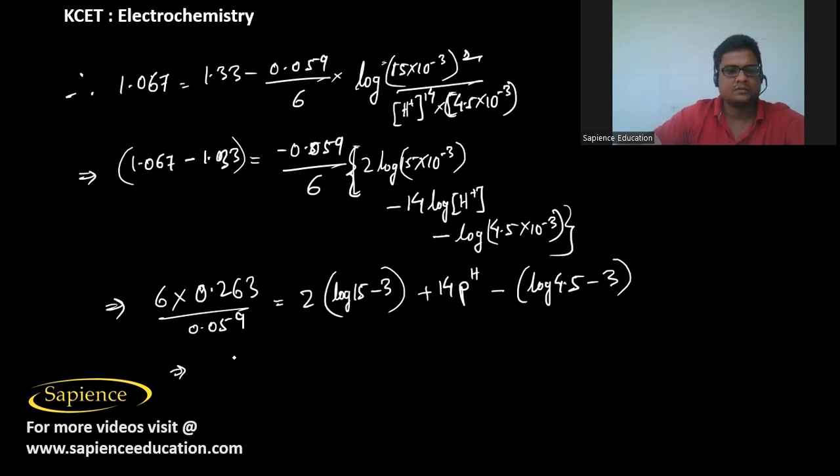Now this value will be 6 into 263 by 59, that is equal to 2 into log 15 minus 3.